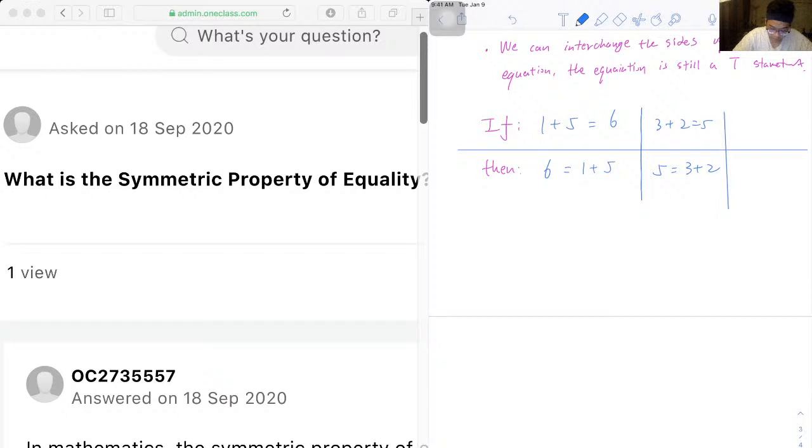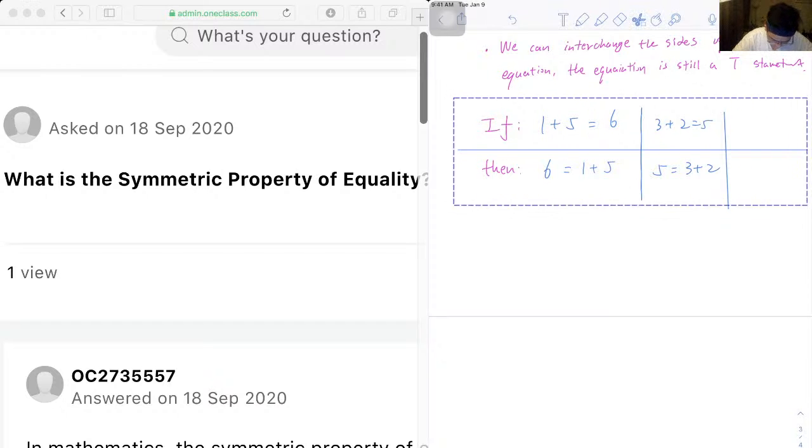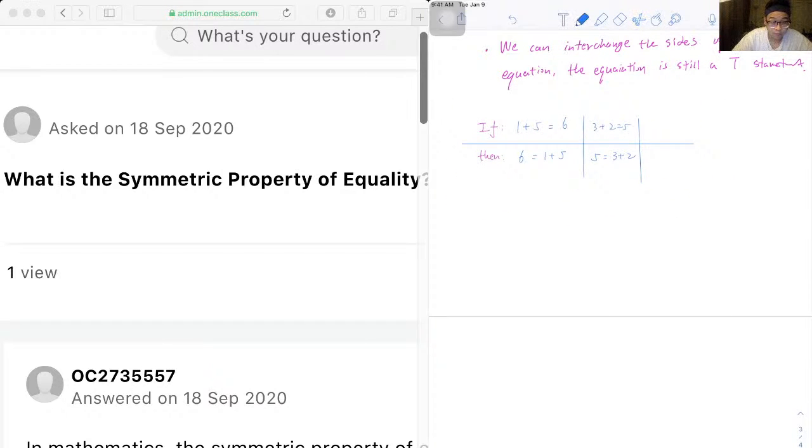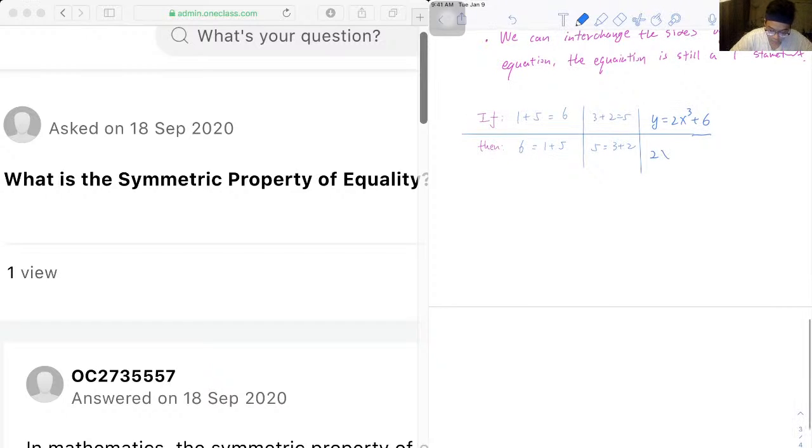And same thing applied to functions. So let's say if we have y is equal to 2x to the exponent of 3 plus 6, then we can conclude that 2x to the exponent of 3 plus 6 is still equal to y. Yep.